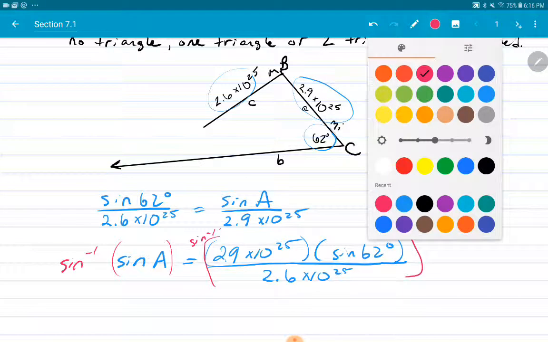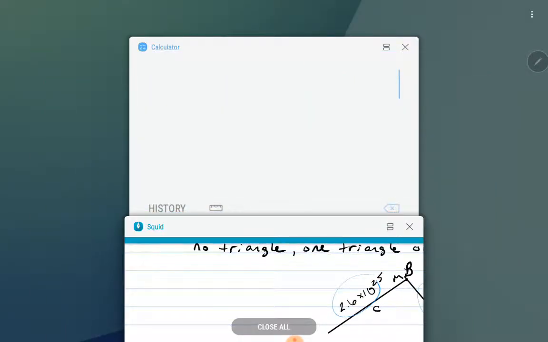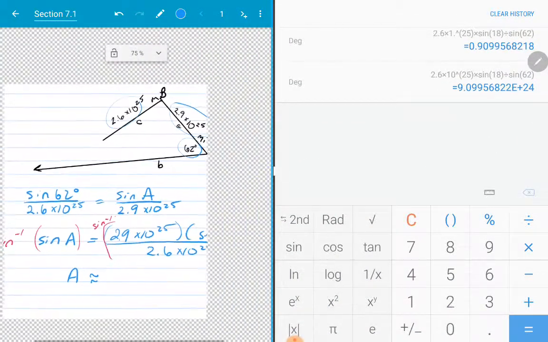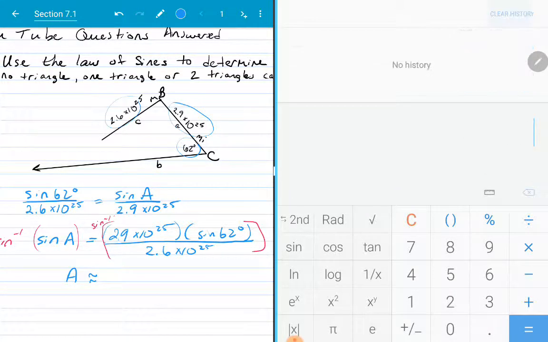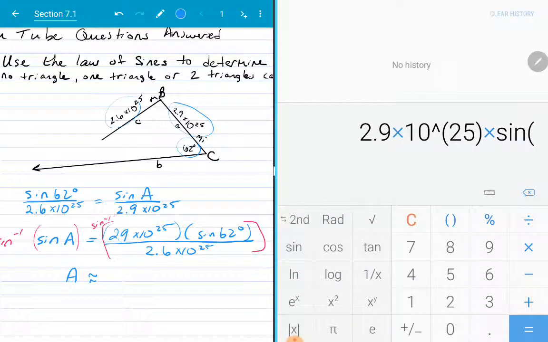And I get A. At this point, I have to approximate. So I'm going to use the calculator to get this number. We have 2.9 times 10 to the power of 25, close that parenthesis, times sine, make sure I'm in degrees, which I am.